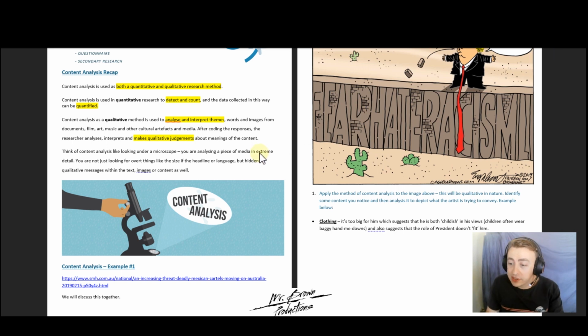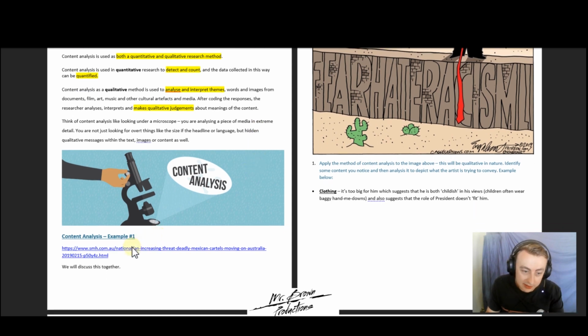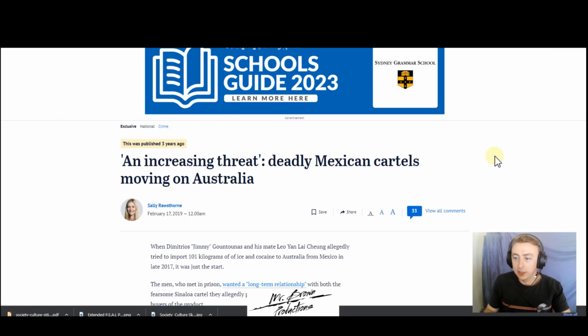Okay, so the first thing we're going to look at is an article from a few years ago, looking at deadly Mexican cartel threats. We're just going to discuss this one as a bit of a guide or a model to content analysis, and then you guys are going to go off and do your own later.